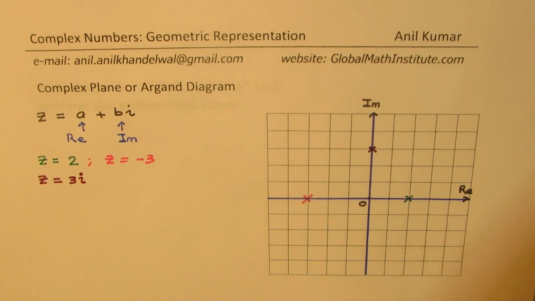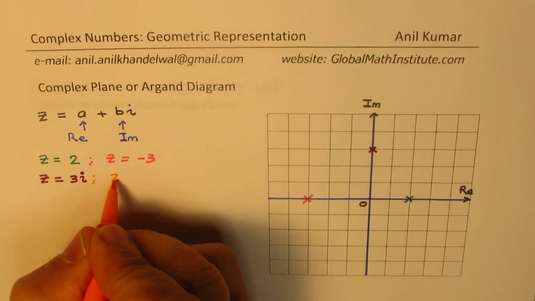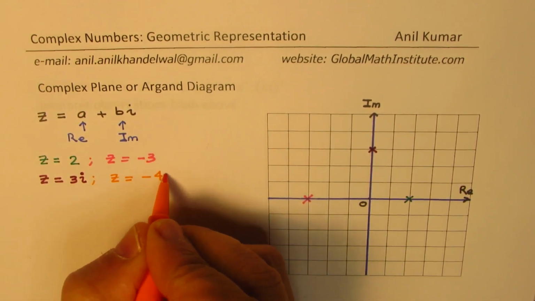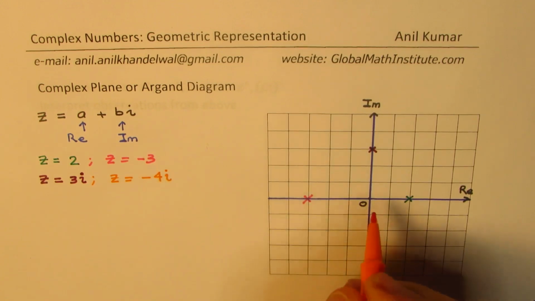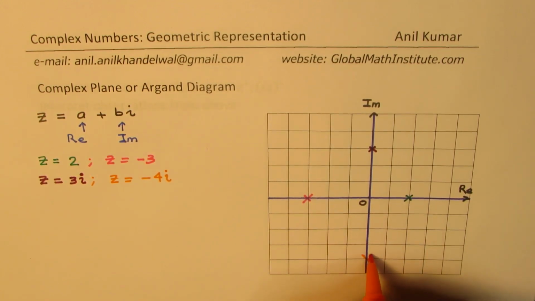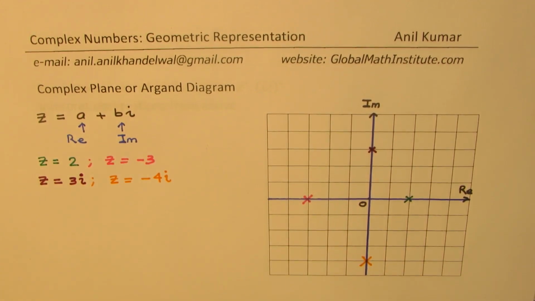Let's take another point. Let's say we take a point which is z equals minus 4i. So minus 4i will be represented 1, 2, 3, 4, and that becomes minus 4i. Is that clear to you? So that is how we can represent pure real and imaginary parts.